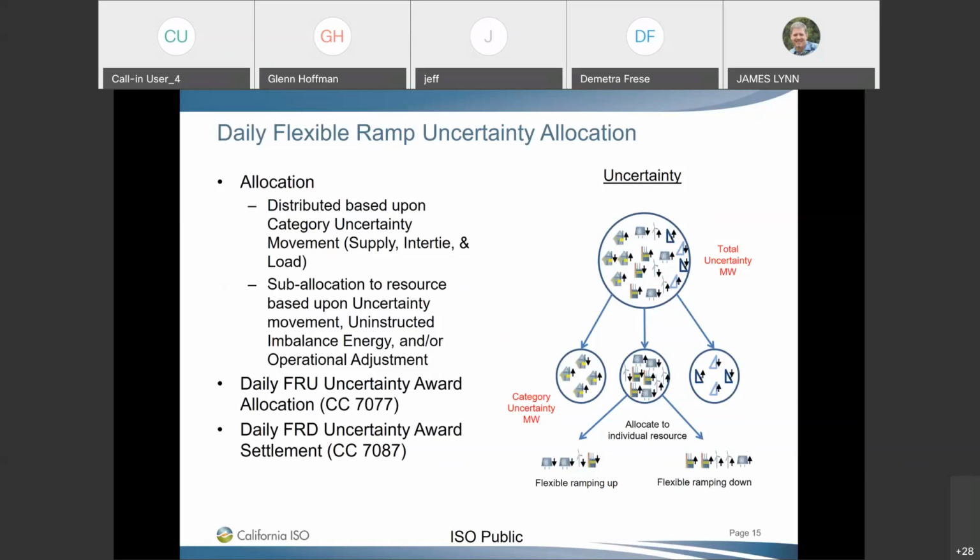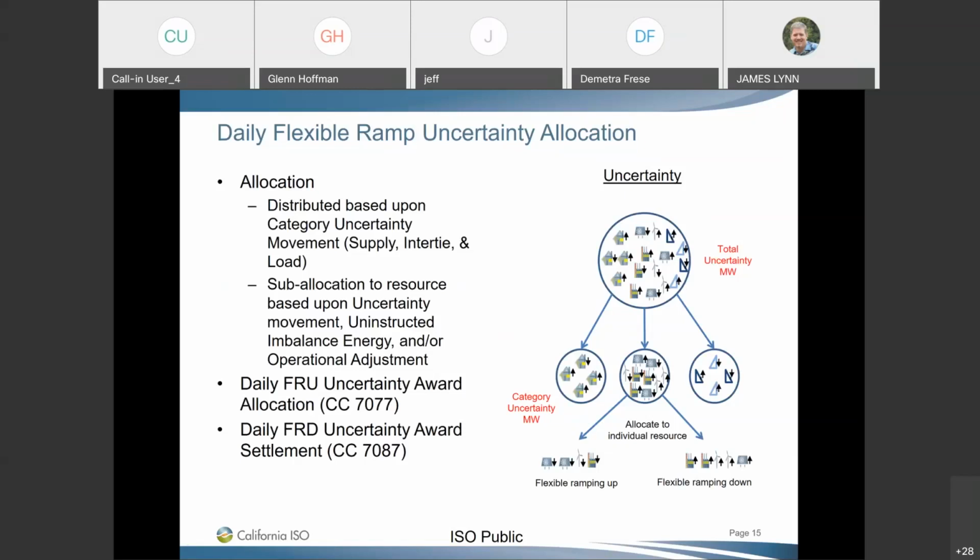We would add those together. If your UIE plus your flexible ramp uncertainty up is showing that you contributed to the need for flexible ramp up uncertainty, then your resource will be charged. Same thing occurs with interties, except we don't calculate uncertainty, we just use operational adjustments. The load is simple UIE.